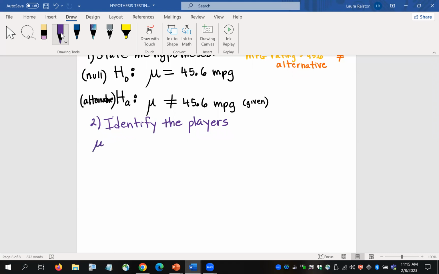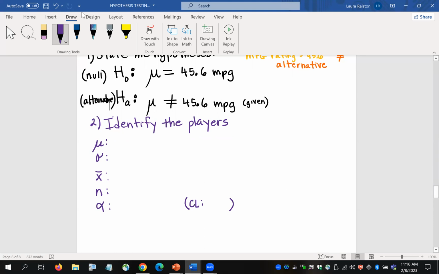You'd have to identify the population mean, the population standard deviation, sample mean, sample size, your significance level, and then also think about your confidence level. You need to get familiar with those symbols, okay?